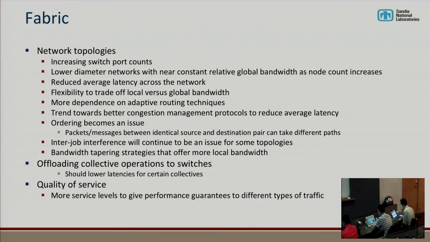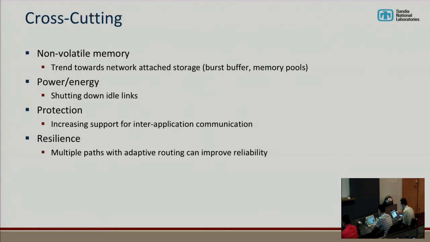Offloading collective operations to switches. That was mostly motivated by the work that Mellanox has done lately, just letting people know that things should be more efficient because of that work. And then a couple of cross-cutting areas, non-volatile memory. There's this trend towards network-attached storage, burst buffer. I actually don't have any trouble saying that, but I can see how people have issues with that.